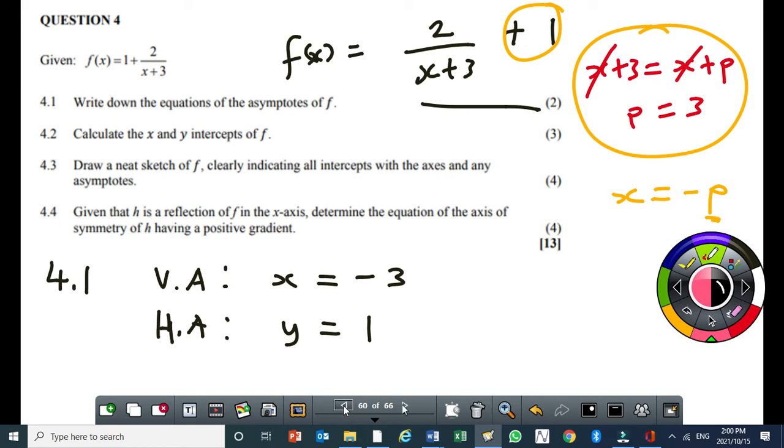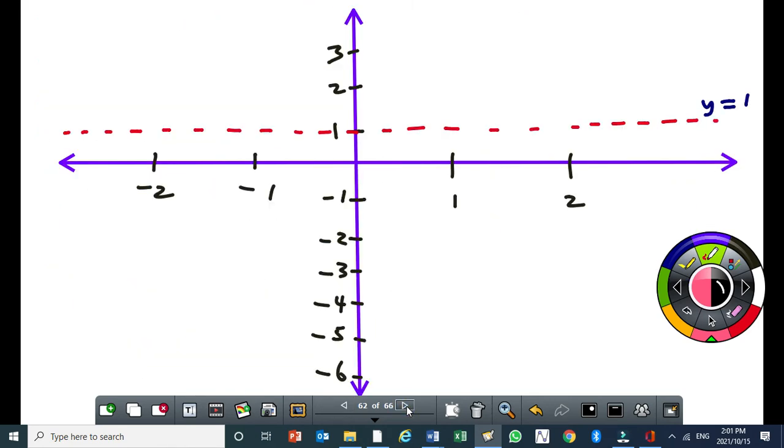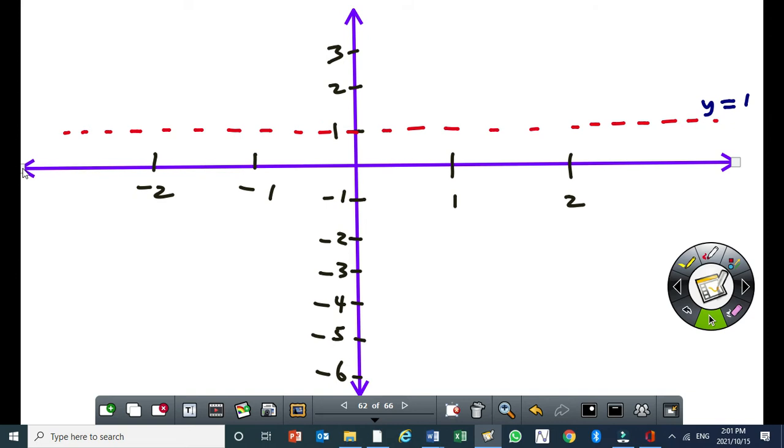Right? So I might need, okay, I'll extend it going that way. Okay, wait, you see what I'm trying to do there.